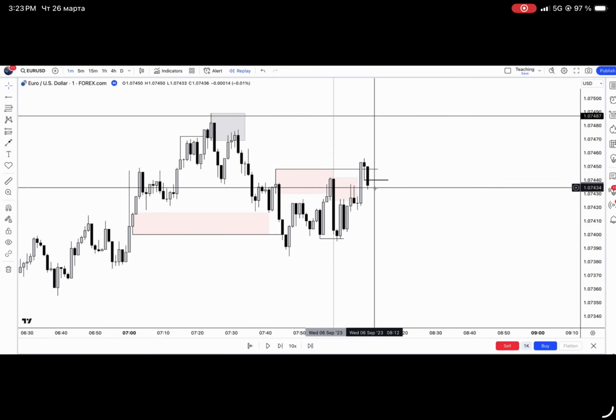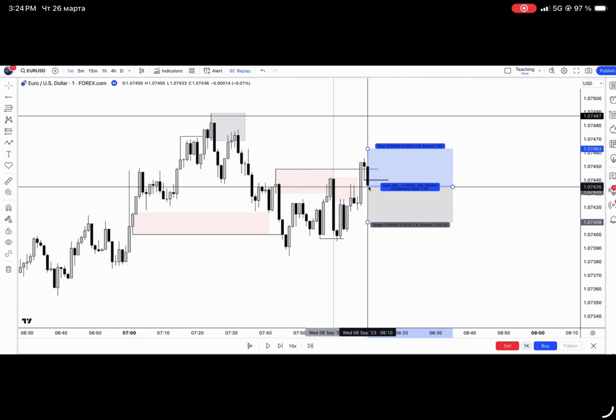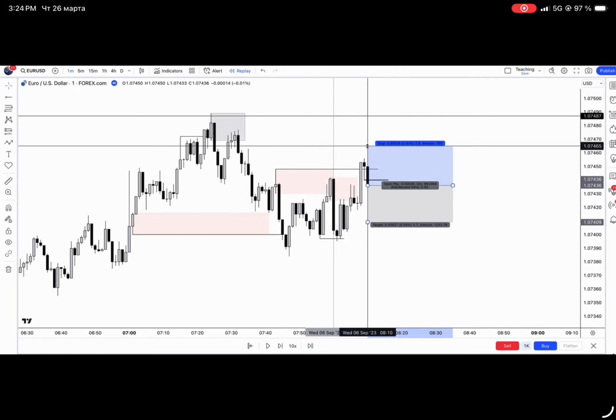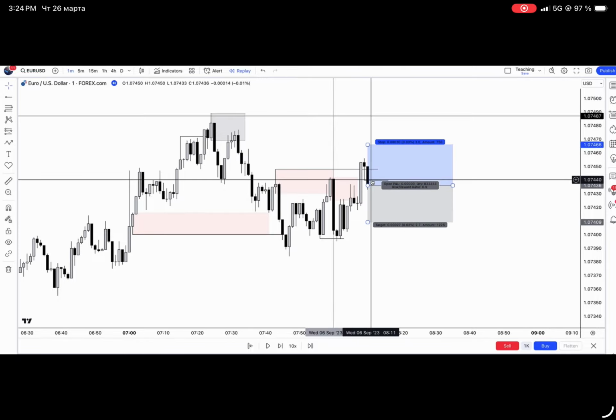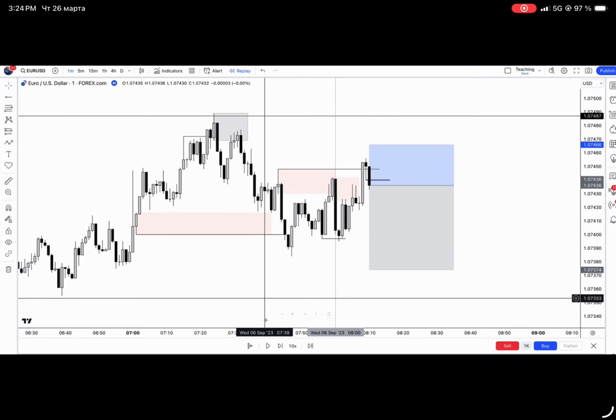So one way of taking the trade is you can wait for price to come back and retest that and then go short. Or since we've now shown a closure below, you can take that with your stop tucked above. Those are the two ways of probably taking this trade here.